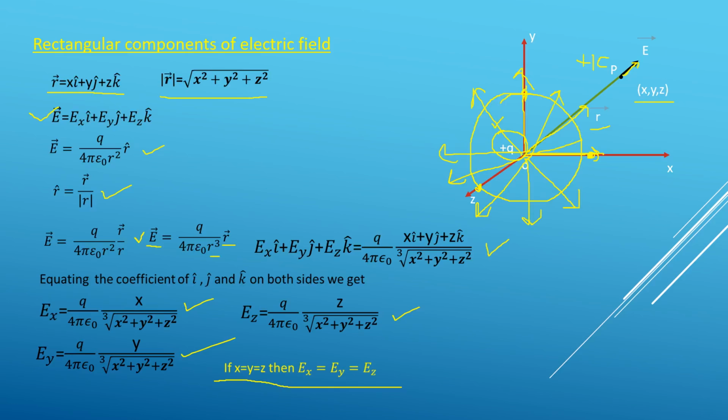Or electric field has spherical symmetry, that is, at equal distance from the charge, electric field has the same value. Or if we assume a charge +q placed at the center of the sphere, then electric field at the surface of the sphere will be the same. This shows that electric field due to a point charge has spherical symmetry.